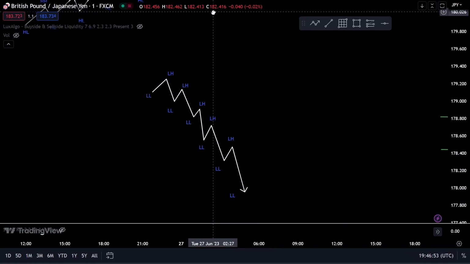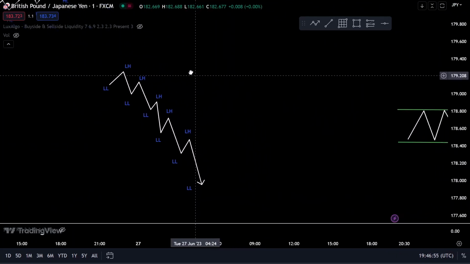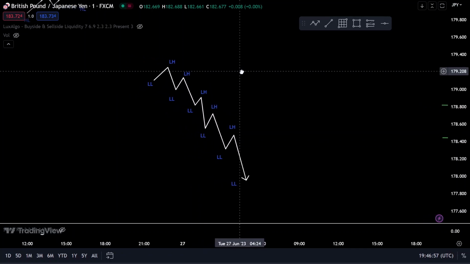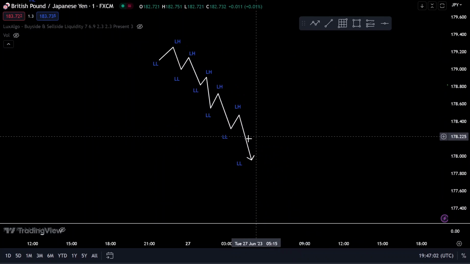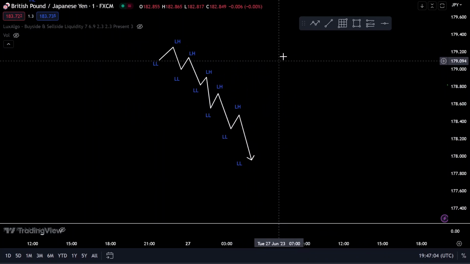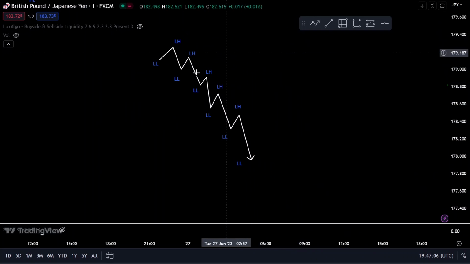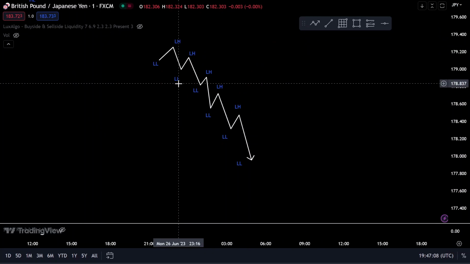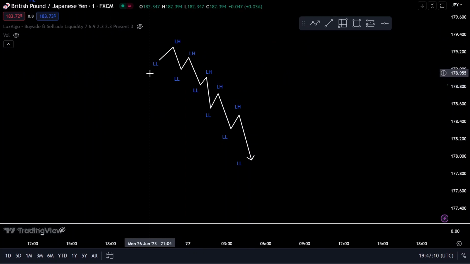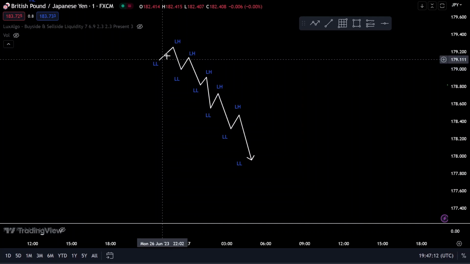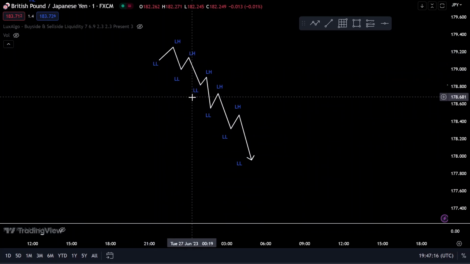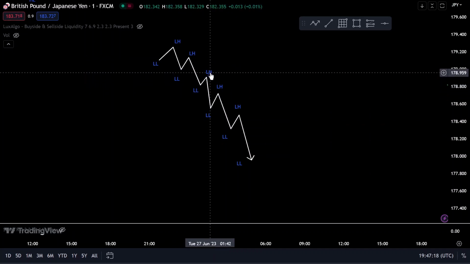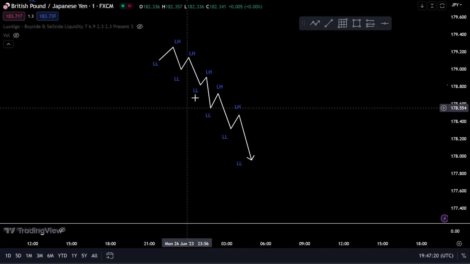So how do we determine the structure of a market when it's in a downtrend? Sometimes you can see the price of a market making lower lows, lower highs, lower lows, lower highs, lower lows. So the LL is lower lows, LH is lower highs.